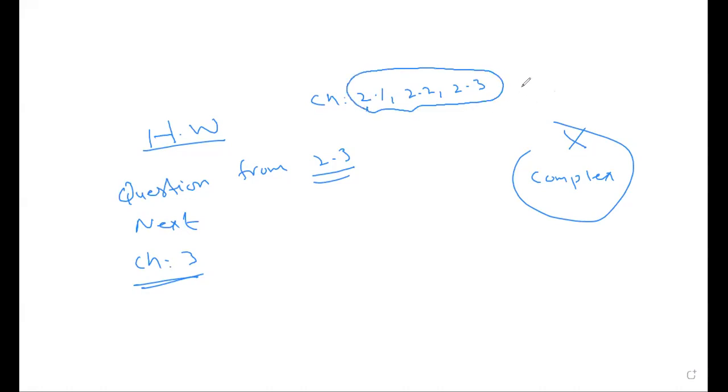Questions from 2.1, 2.2, 2.3, excluding what is beyond, okay.